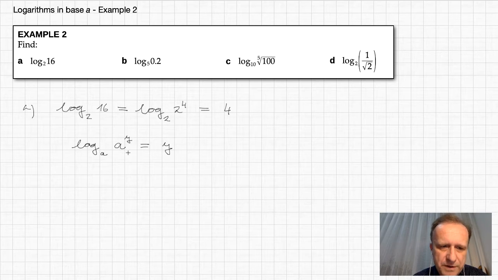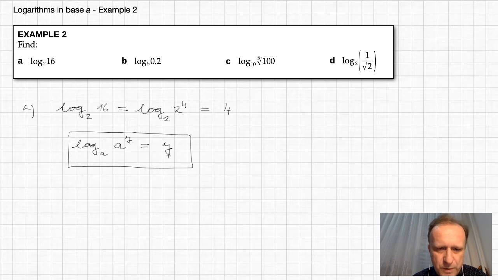So whenever you have something like this, you may interchange this logarithm with the value of y. So this is what I got by using the base 2 and the exponential with the base 2 to express number 16. Now let us do the same thing in part B, or exactly the similar thing actually.